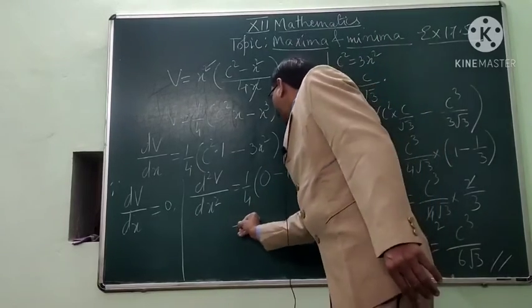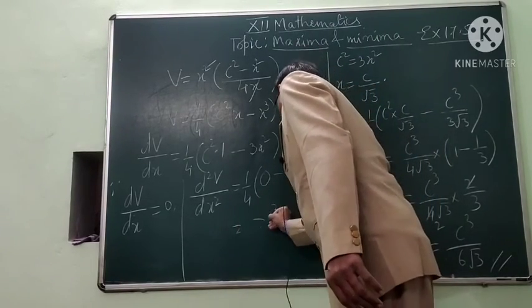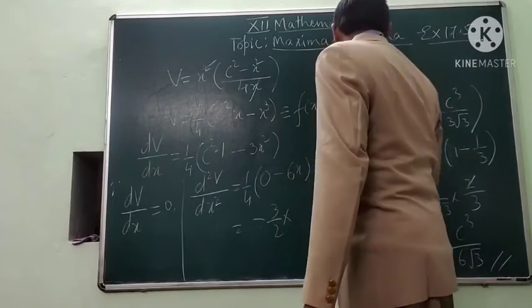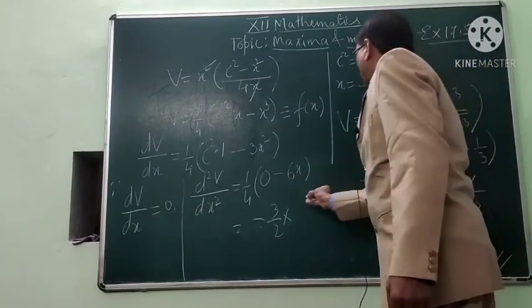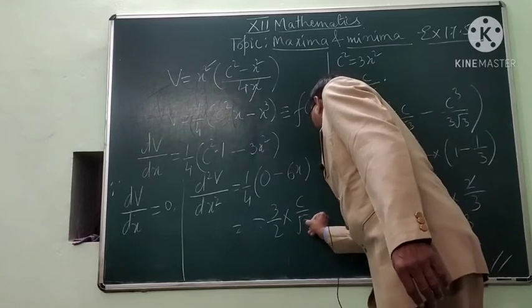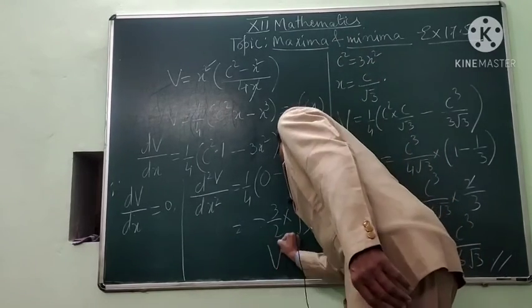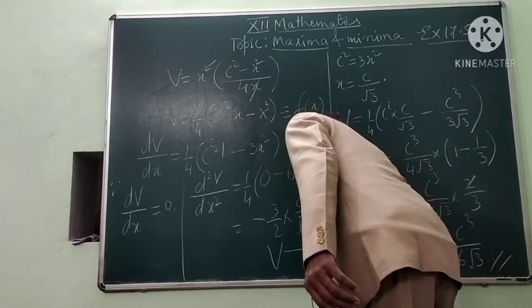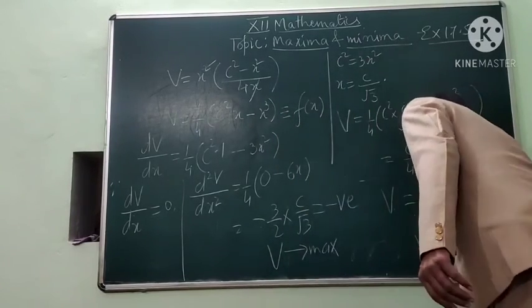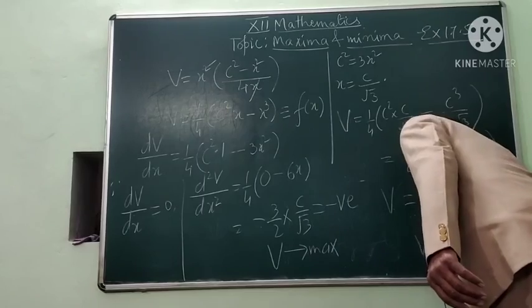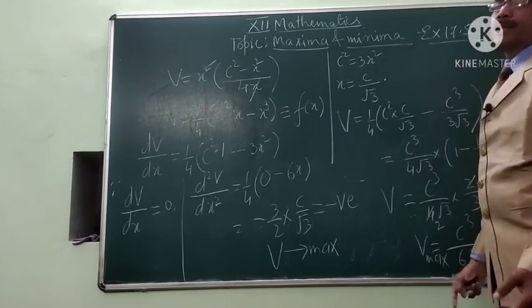X is 3 by 2 into the value of x, c upon root 3. So it is negative. Hence we can say that the volume is maximum. Therefore this volume is maximum. So the maximum volume is c cube upon 6 root 3.